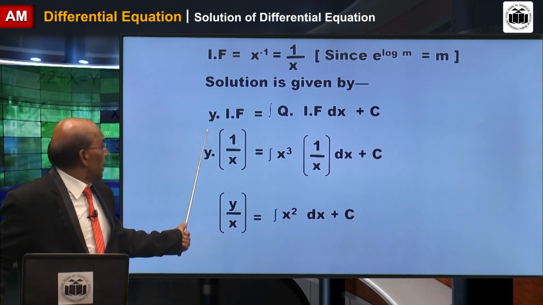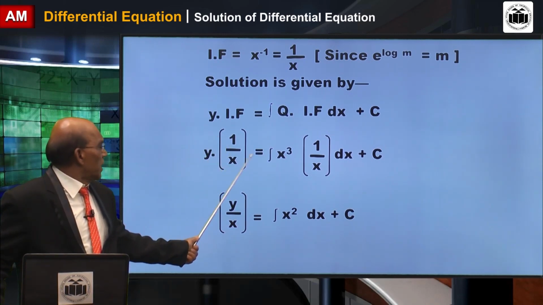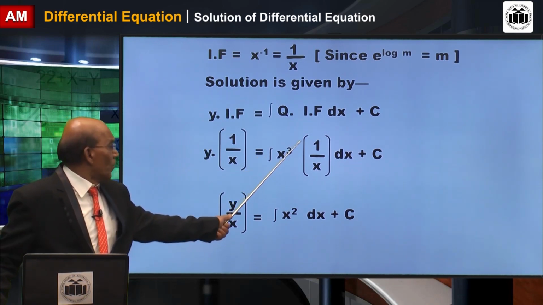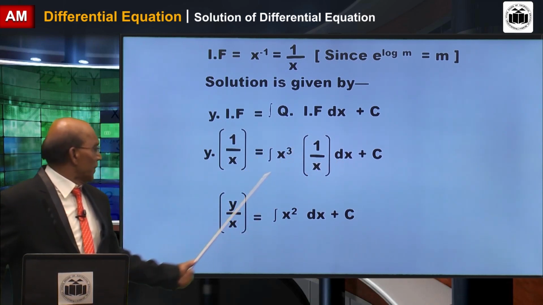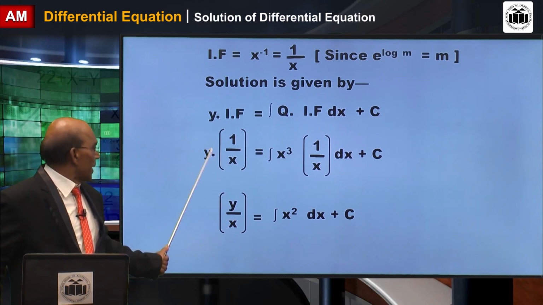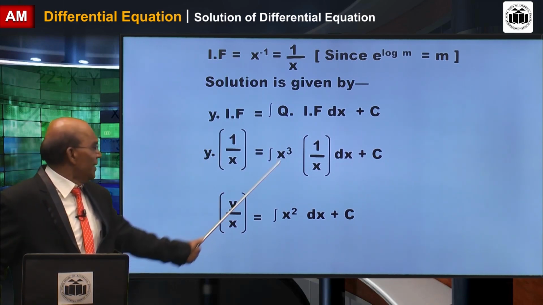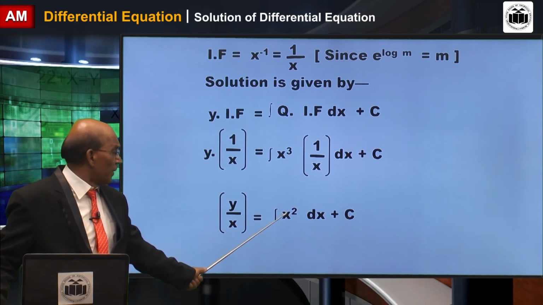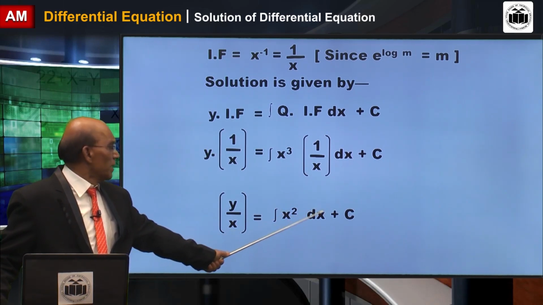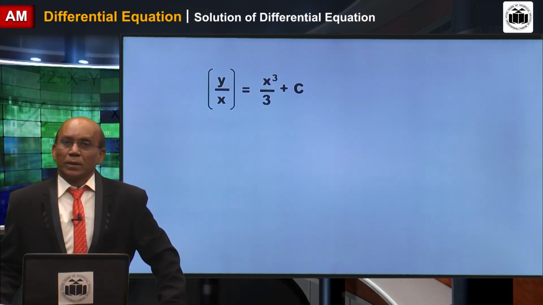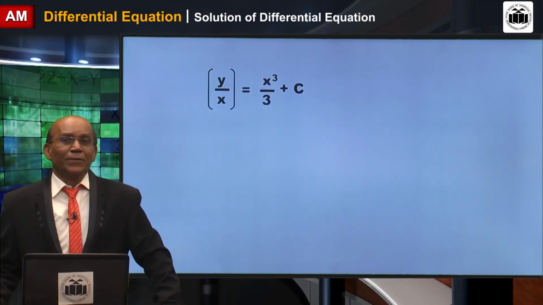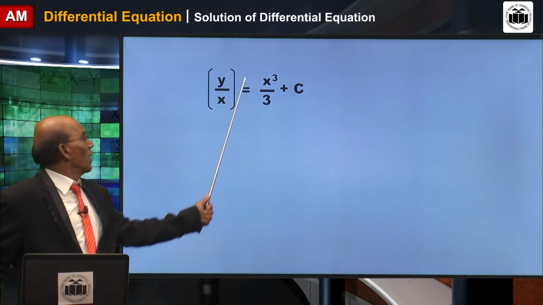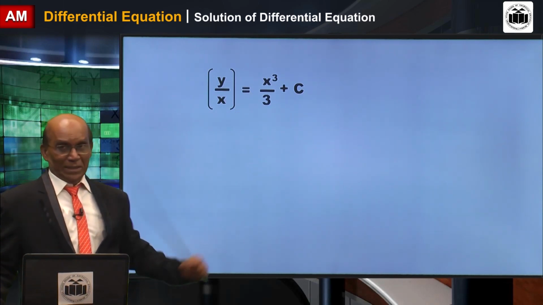So the final solution is y into 1 by x equals integral of x cube into 1 by x dx plus c. Now we can delete one x, so we get a standard form, x square dx plus c. So finally we come to x cube by 3 plus c.